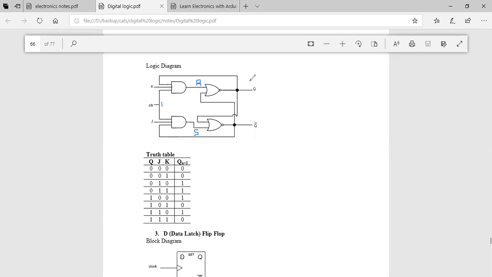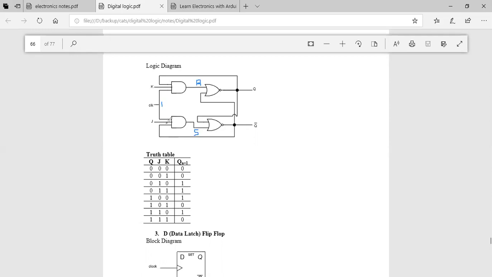If you look at the difference between this and the RS flip-flop, we have just added an AND gate here, another AND gate here. In fact, if you look at the clocked RS flip-flop, they're the same. The only difference is that we're having 3 inputs here and 3 inputs here.